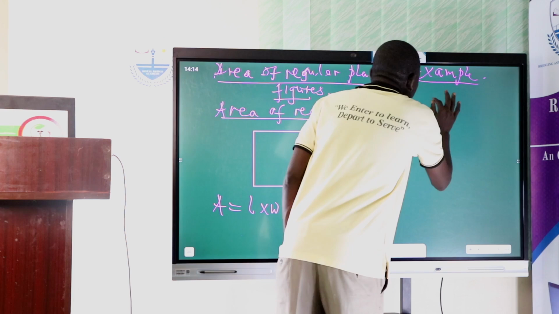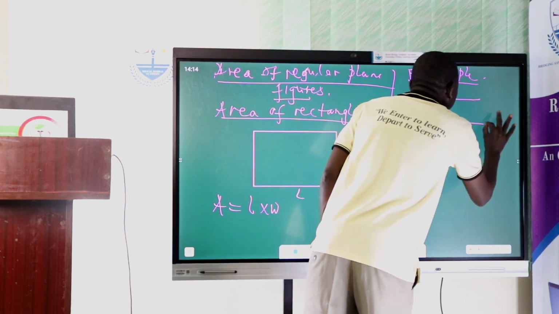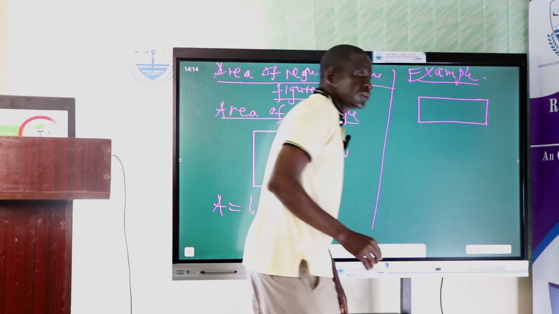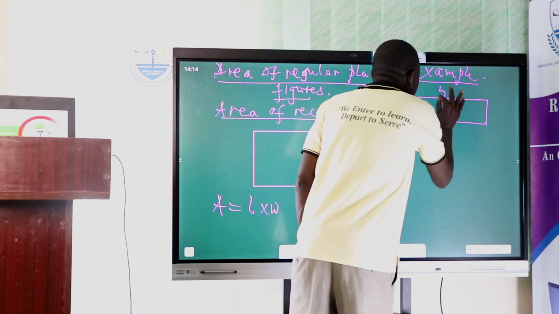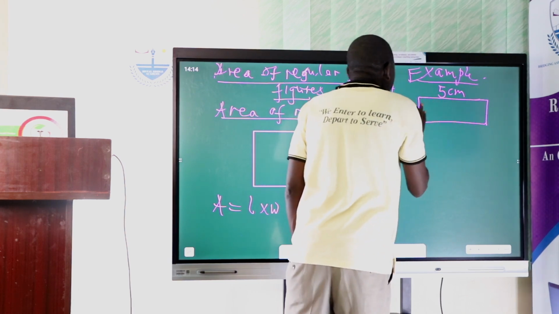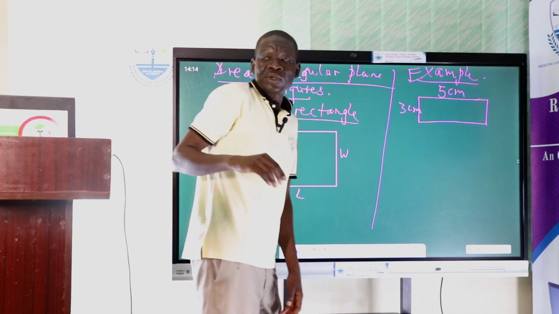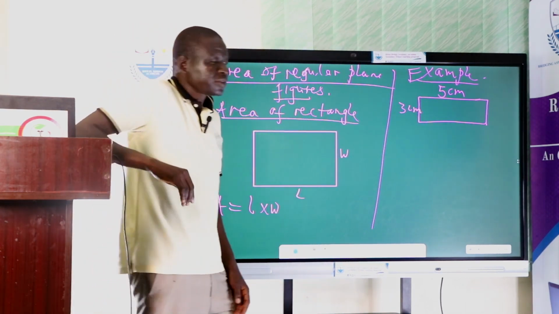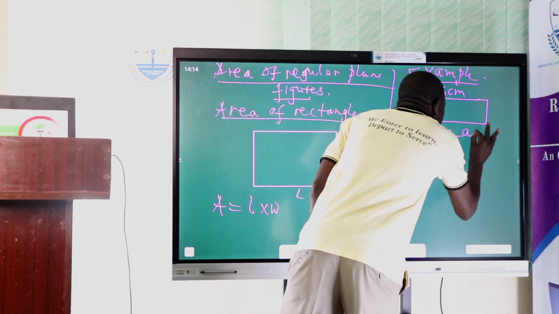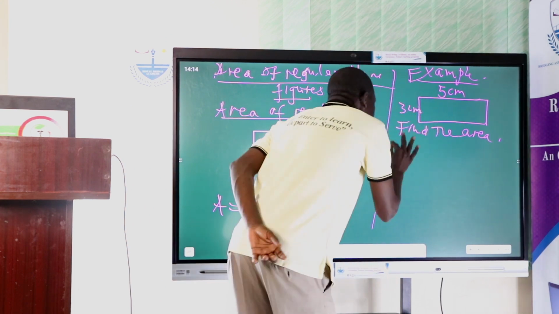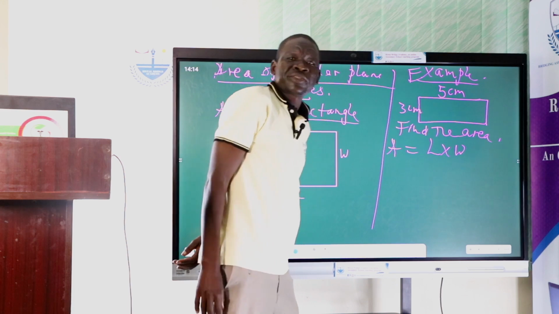Assuming that we are given a rectangle which looks like this, whereby the length is 5 centimeters, and the width is 3 centimeters, and we want to find the area. Remember, area is equal to length times what? Width.